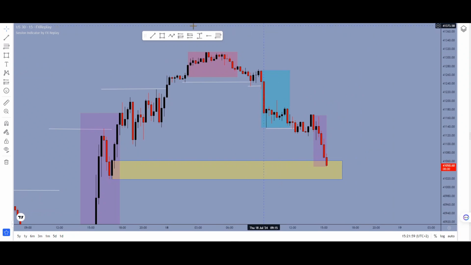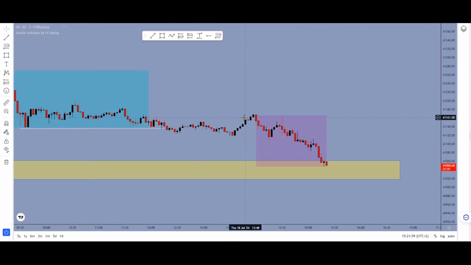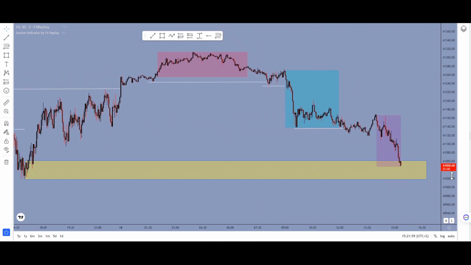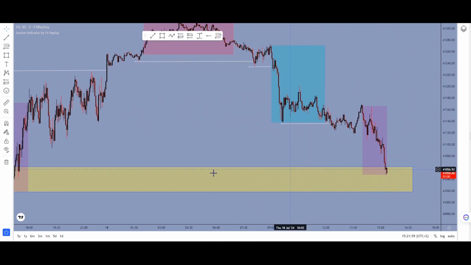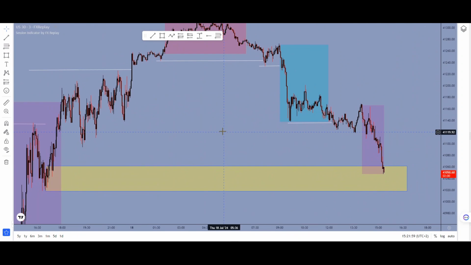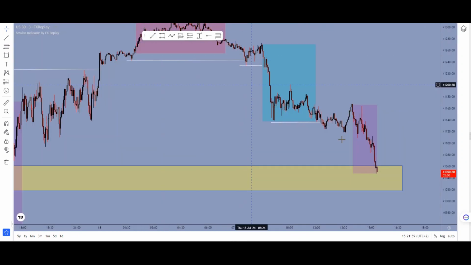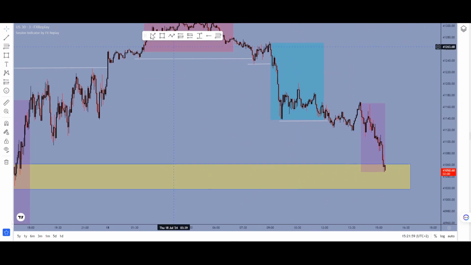So I went on to my favorite time frame to see how price was reacting as it came to my point of interest here on the 15 minutes. So as you can see guys, price broke structure again to the downside, right? It also went to break structure around this area, right?